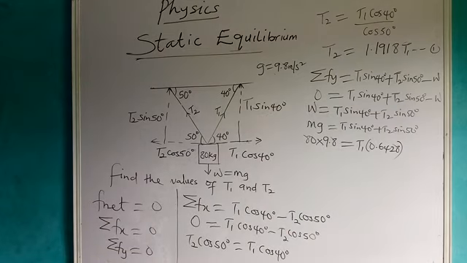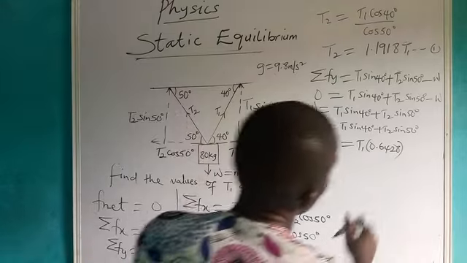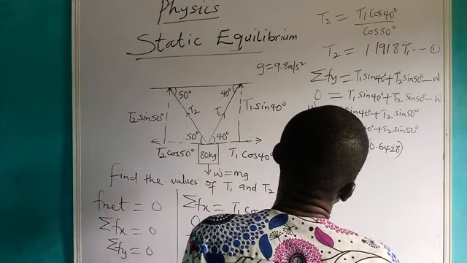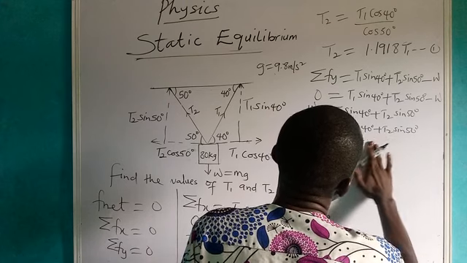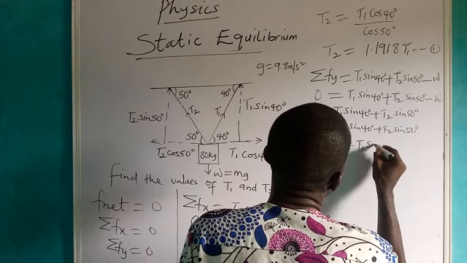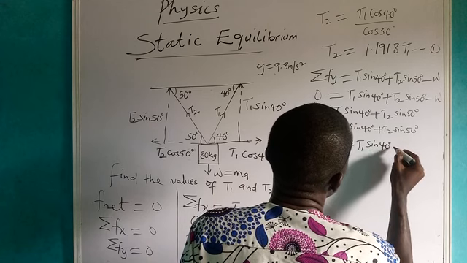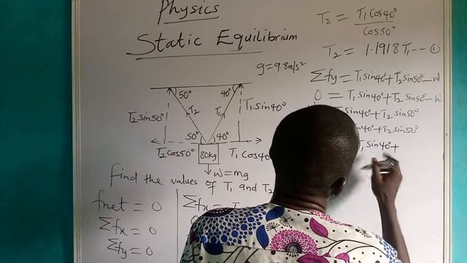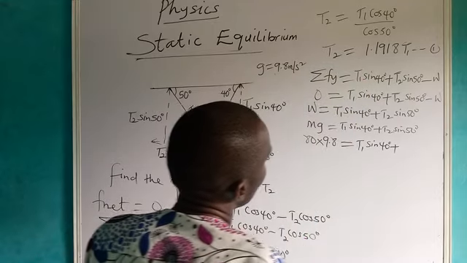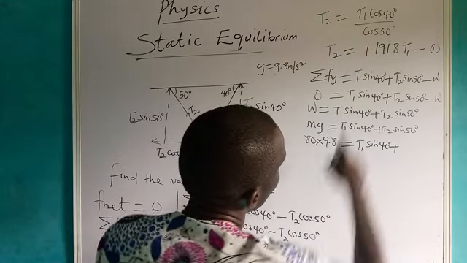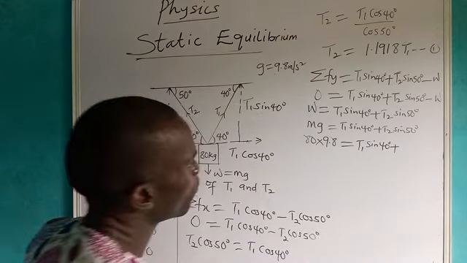Now I think we can as well substitute this very one here. Let me leave sine 40 degree first. And this very one here, what do we have? Look at it from equation 1.